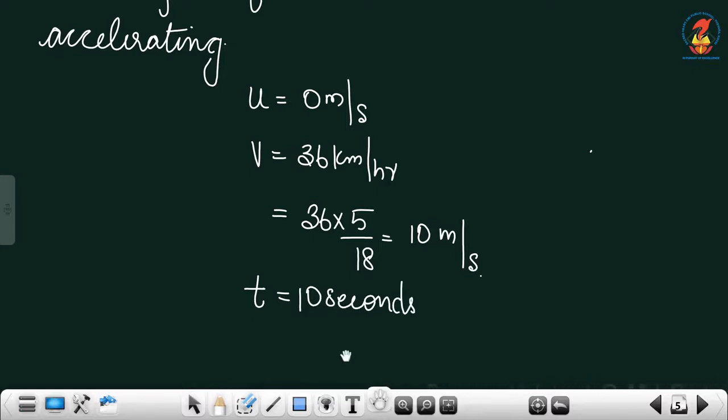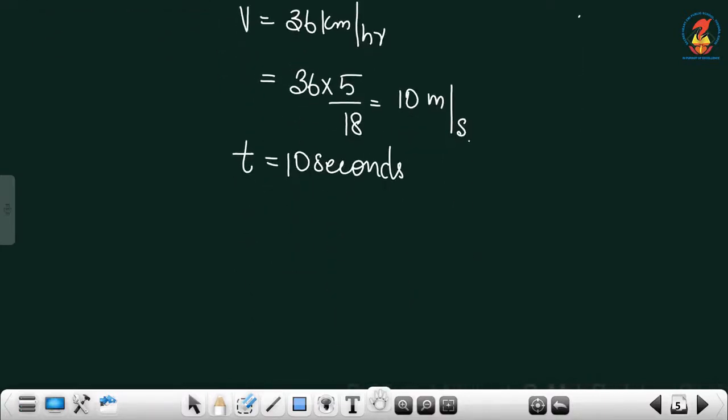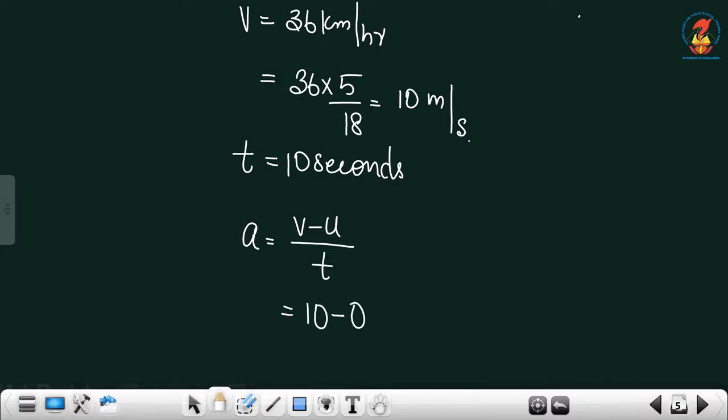Now, write the equation to find acceleration, that is a equal to v minus u by t. Now, substitute it. V you got it as 10 minus 0 divided by 10. Don't cancel this 10 and this 10.